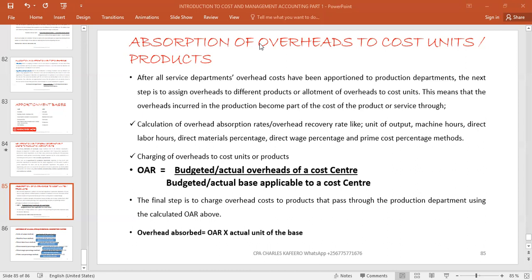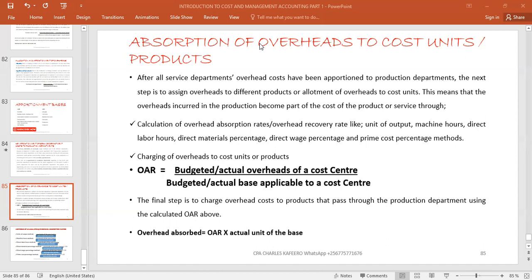If in department A we produced 10,000 units, and we are using number of units, that OAR will be the cost per unit multiplied by the number of units that has been produced in that department. And that's how we get those absorption rates.